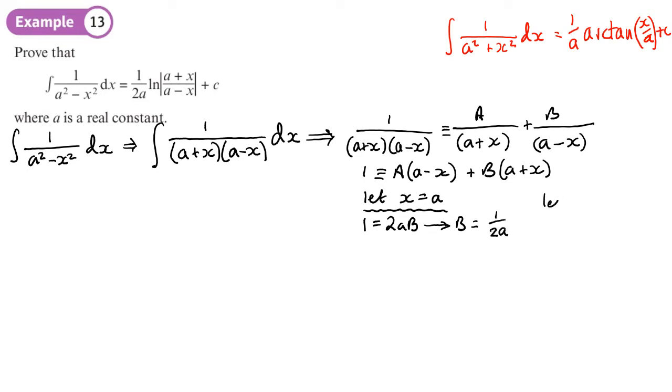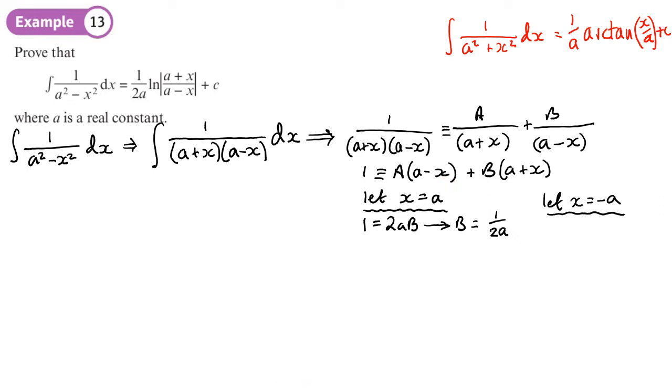Now if we let x equal to negative a, then what will happen is this will go, so I'll have a minus negative a, so it becomes 2a again.